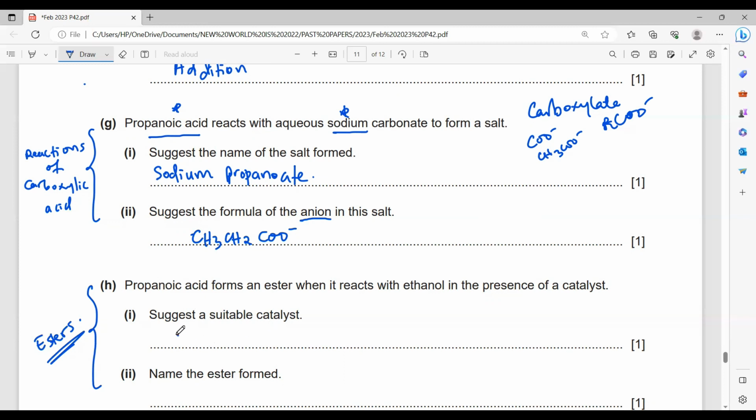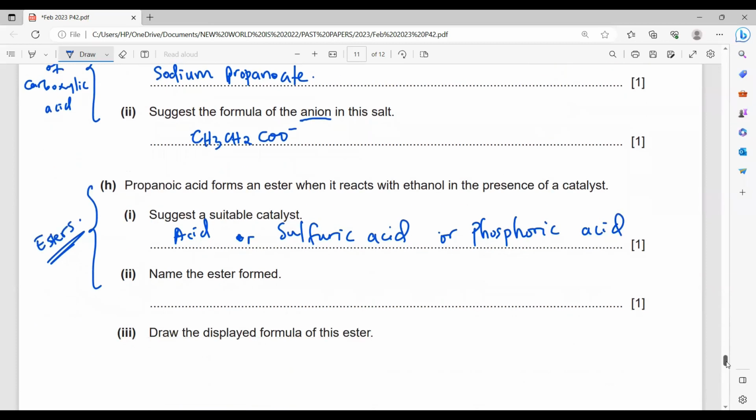The catalyst is usually an acid. You can put an acid, or you can put sulfuric acid. So you can specify. Sometimes they usually have phosphoric acid. You can have phosphoric acid. Still acceptable.